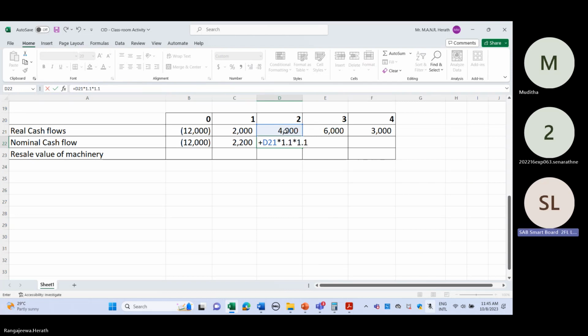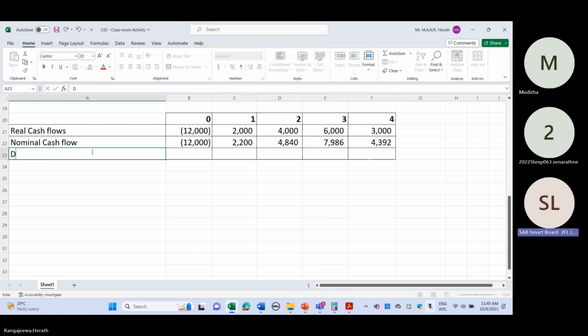No, 1.1 to the power 1. Right. Third year cash flow multiplied by 1.1 to the power 3. Fourth year cash flow multiplied by 1.1 to the power 4. You can calculate, right?